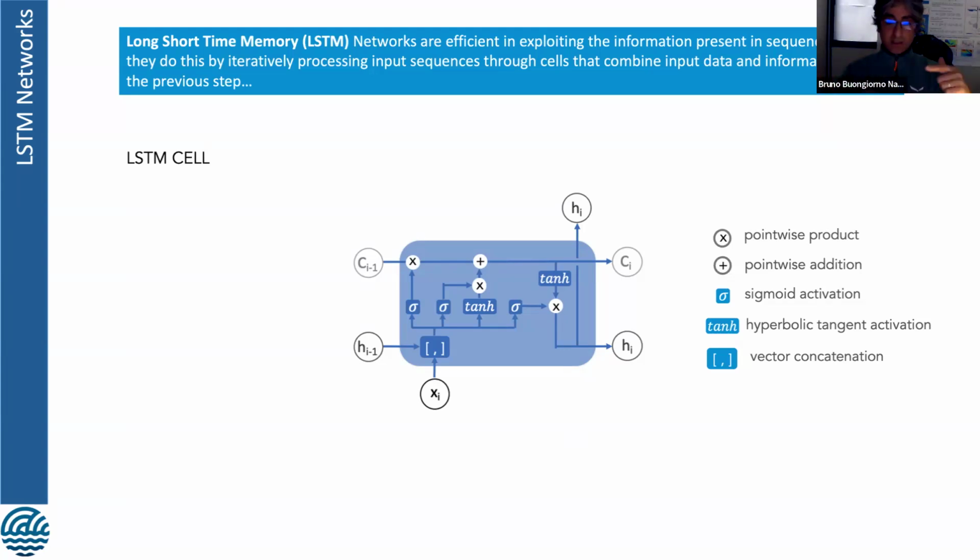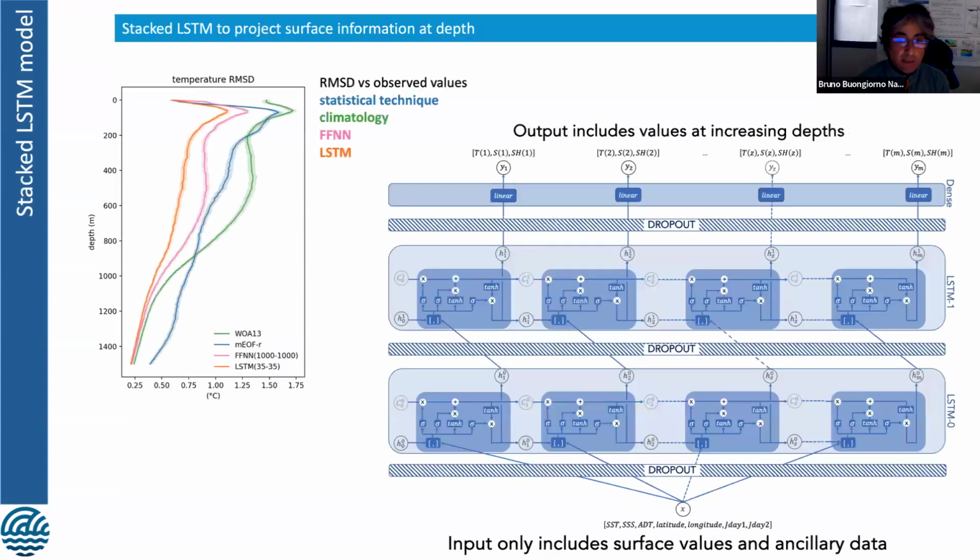This is an iterative approach that is much more efficient in learning information on sequential data, and it is usually applied to model time series or predict the temporal evolution of variables.